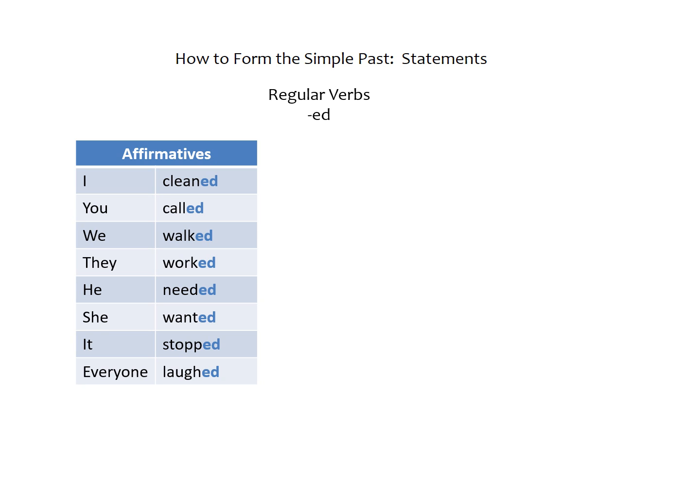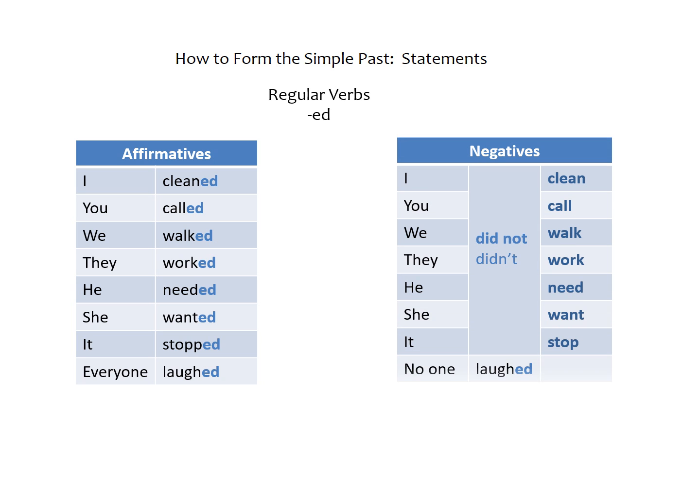So now that we see how to form the affirmative sentences, let's take a look at the negatives. We still use the helping verb do, but in this case we use it in the past, so we use did. You can use did not as two separate words or didn't as a contraction.